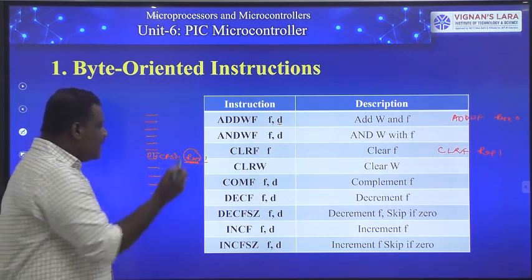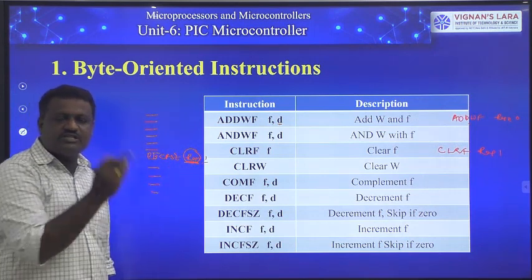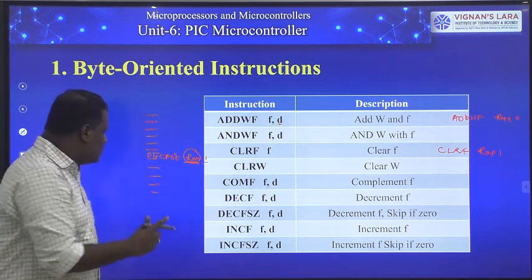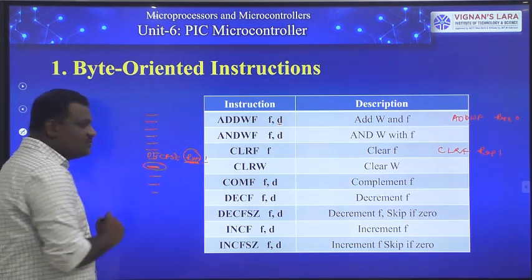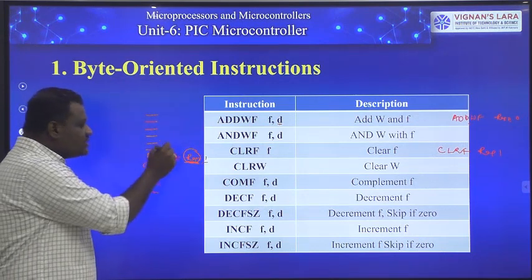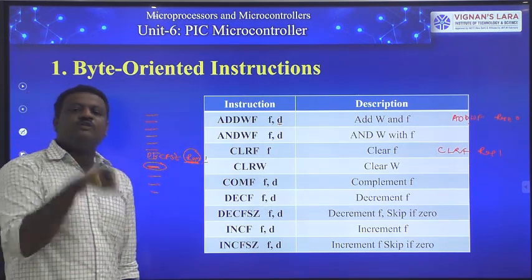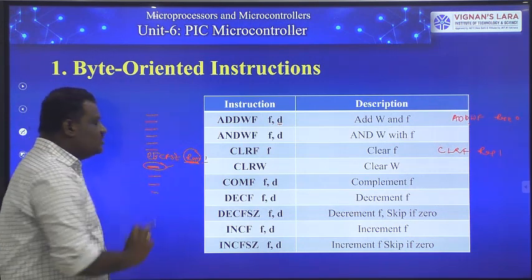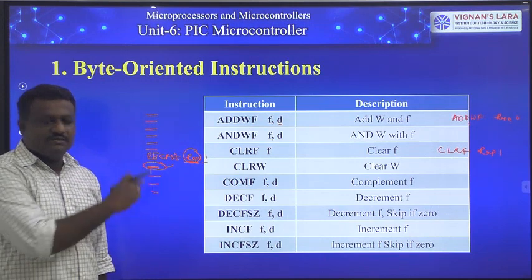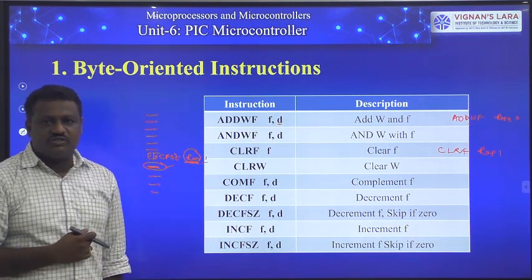Thereafter I check the register 1 value. If the register 1 value is equal to 0, then I skip this instruction and go and execute this. If the register R1 value is not equal to 0, then I have to execute this instruction. There is no chance of skipping it. That's the meaning of this particular instruction.